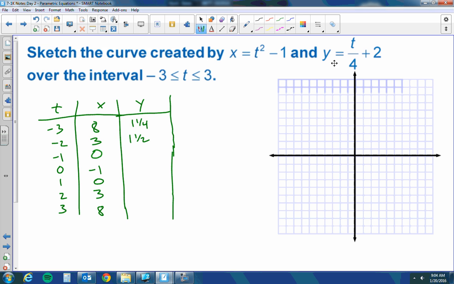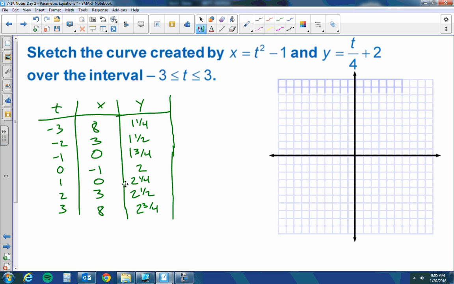Then -1/4. 2 minus a fourth is 1 3/4. Are you with me? What goes here? When I plug in 0, I get 2. Then I plug in 1. That's a fourth, 2 1/4. And it's really just going by fourths. So it's 2 1/2 and 2 3/4. Seems kind of weird.